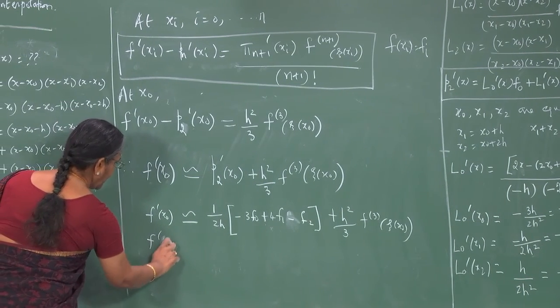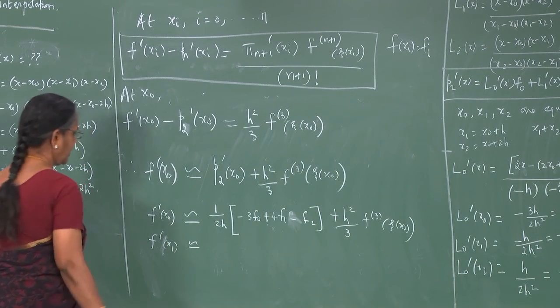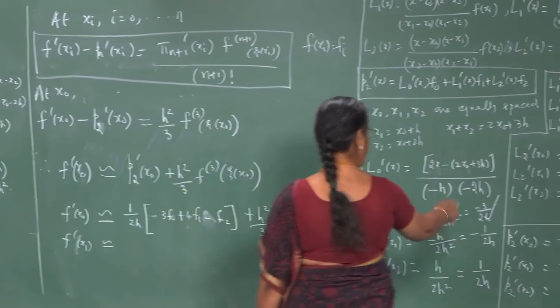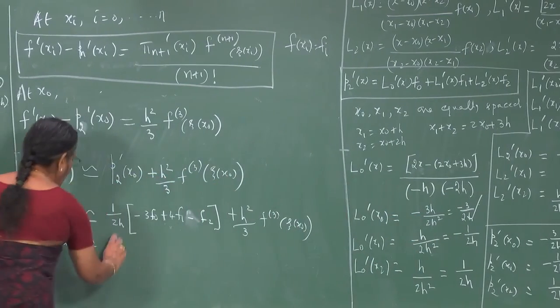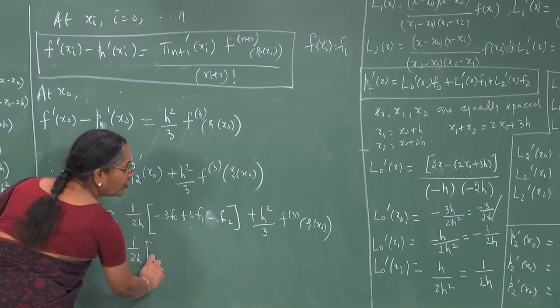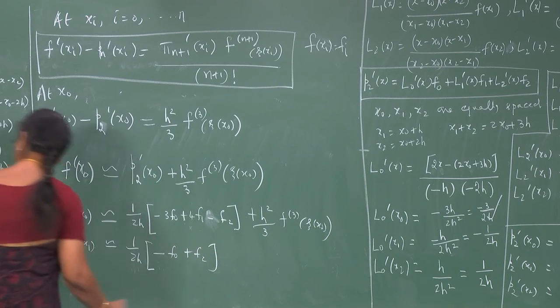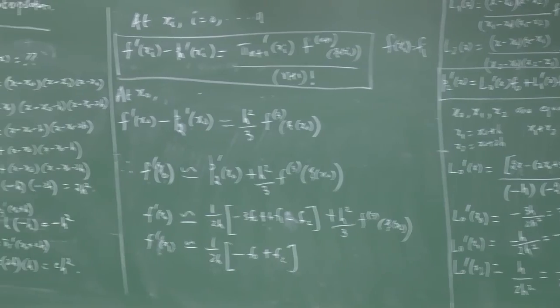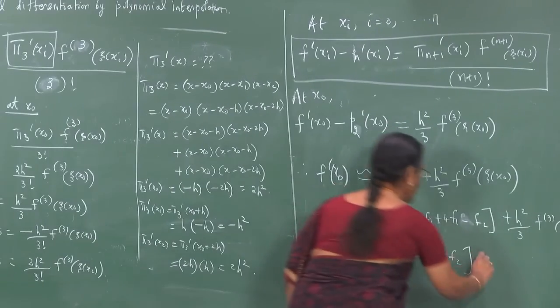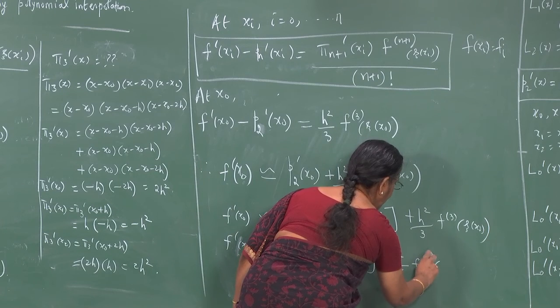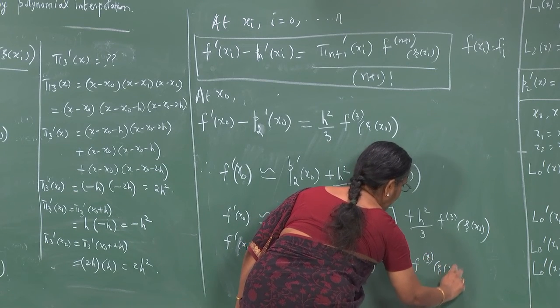So, now I can write down the approximation for f dashed at x1. So, it is p2 dashed, which is 1 by 2h into minus f naught plus f2, and the error has been computed here, which is minus h square by factorial 3 into the third derivative psi of x1.